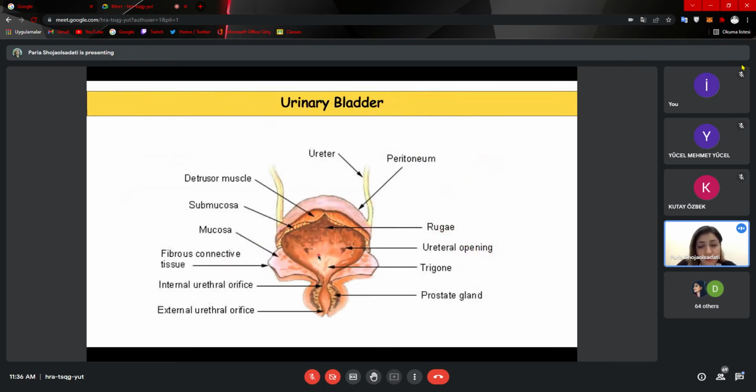As I mentioned, the internal mucosa of the urinary bladder, or vesica urinaria, has folds. These folds are named rugae, or vesical rugae, but we have a special smooth triangle whose base is located above, and its tip or apex is located below. This triangular part is named the vesical trigone.